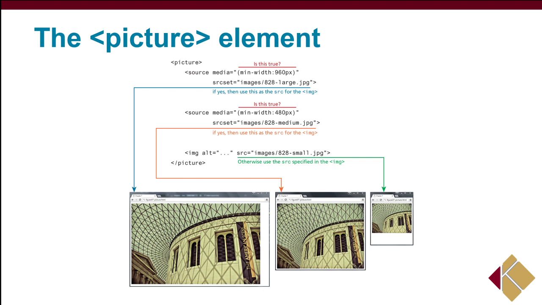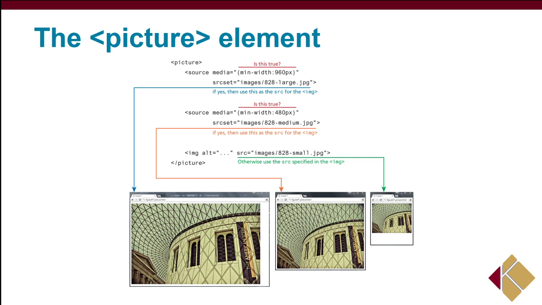So what it's saying is, within this picture, no matter what, there's going to be a picture there. You use source media, if it is a minimum of 960 pixels wide, this is the source that we're going to use. The next one, well, is it a minimum of 480 pixels wide?